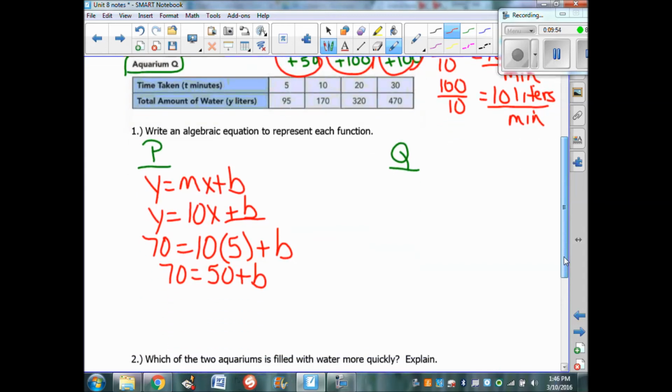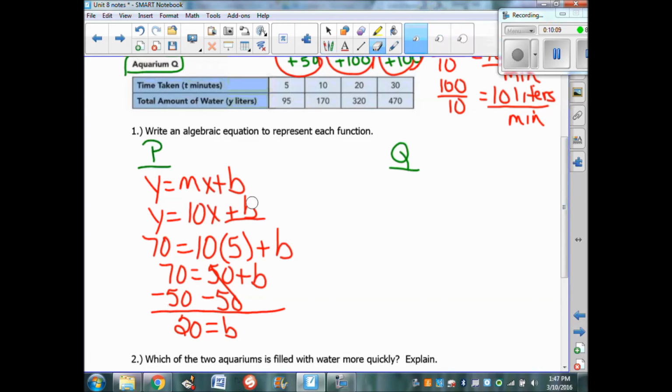Now, if I want to get b by itself, because that's the y-intercept, the starting point, how much water was in this aquarium when we started? So it's 20. I can put in what we just found, 20. So that's for aquarium P.